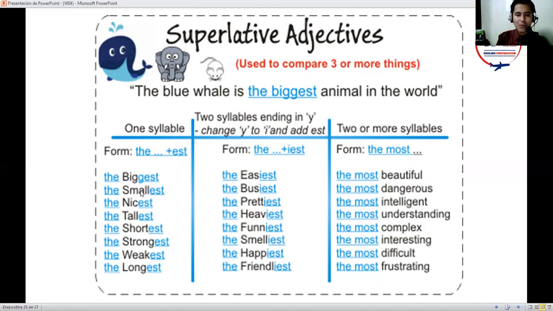And now we are going to have these as superlatives: the biggest, the smallest, the nicest, the tallest, the shortest, the strongest, the weakest, the longest, the easiest, the busiest, the prettiest, the heaviest, the funniest, the smelliest, the happiest, the friendliest, the most beautiful, the most dangerous, the most intelligent, the most understanding, the most complex, the most interesting, the most difficult, and the most frustrating.